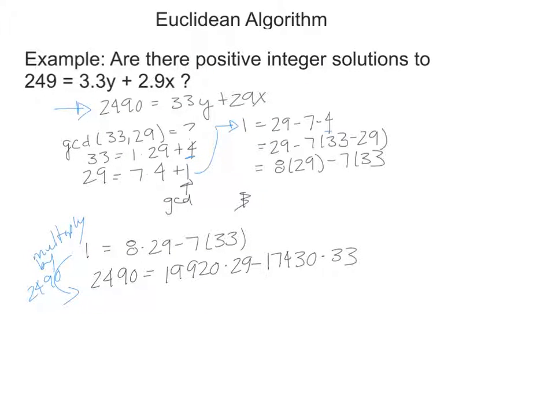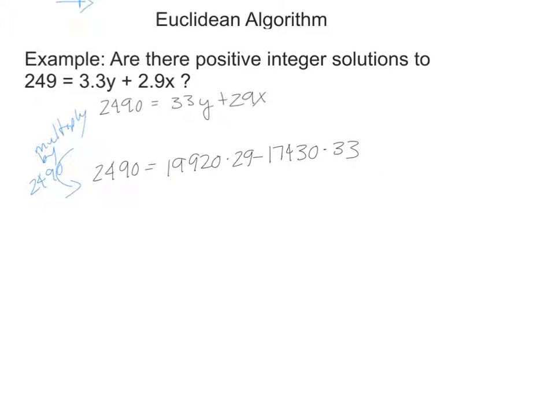However, they're not positive integers, but so far I'm doing pretty well. And again, the thing that helped us go from this step to this step is that the greatest common divisor was a factor of 2490. If it were not a factor, this would not have worked. We would have been stuck.